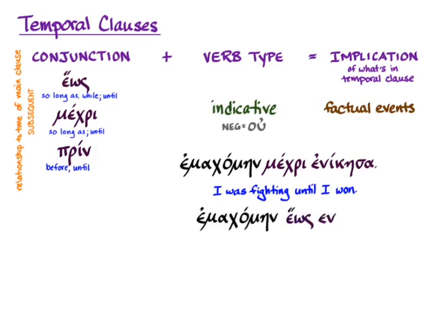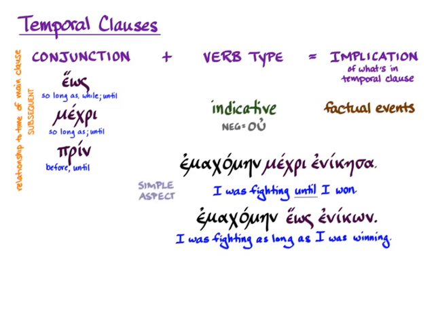We could also have emachomen heos enikon, and we would translate that, I was fighting as long as I was winning. Now the difference there between until and as long as has to do with aspect.